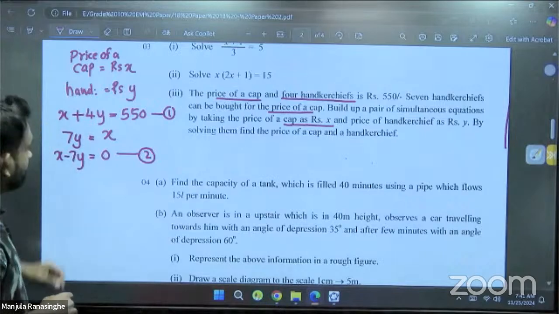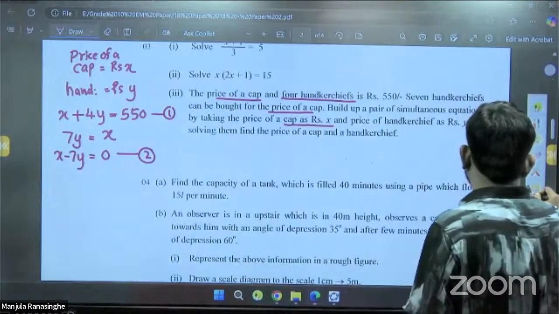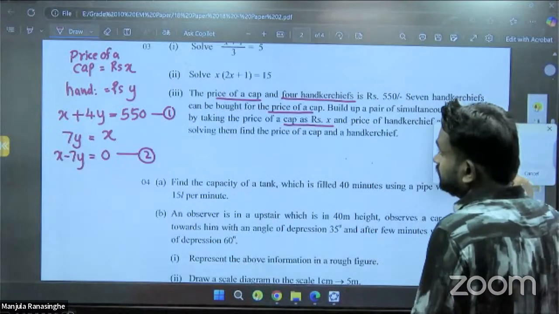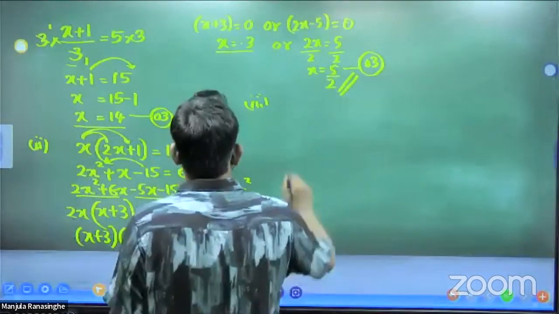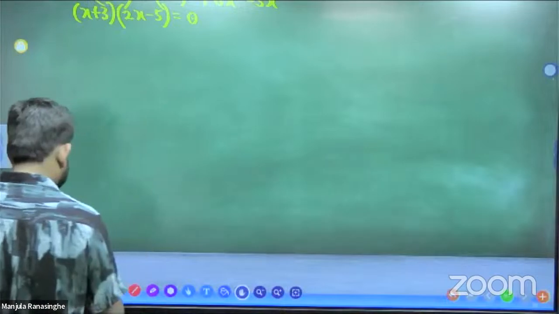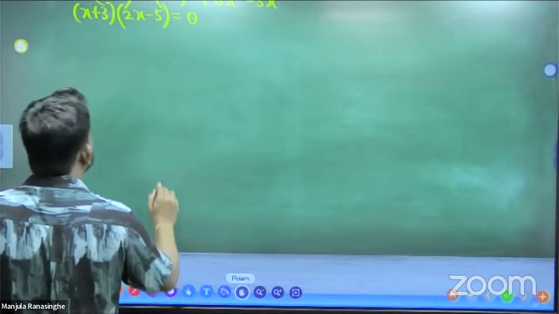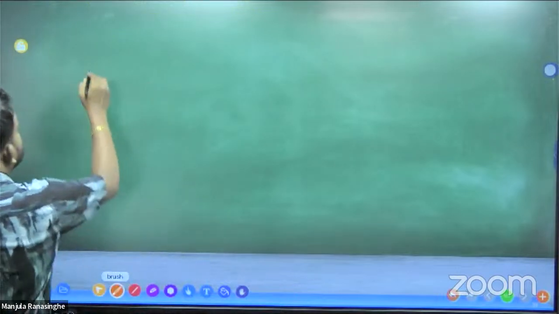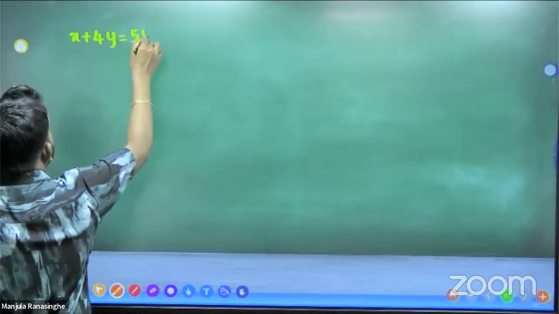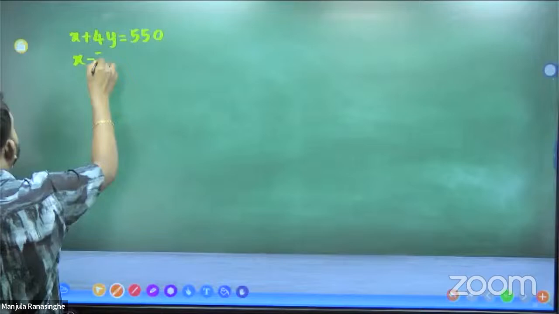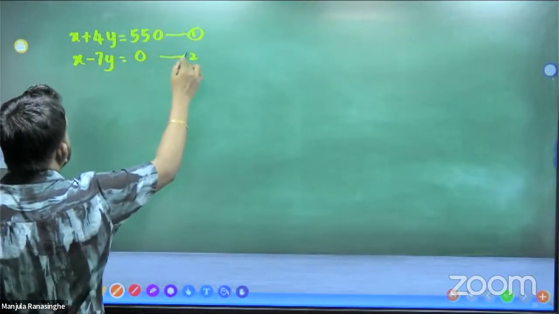So we have x plus 4y equal 550 and then x minus 7y equal 0. This is the first equation. This is the second equation.